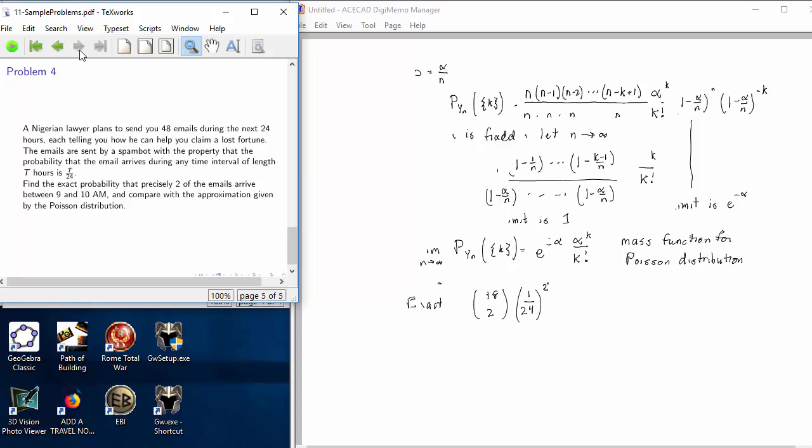For two of them, we have to square it. There remain 46 other emails. And for those, I have to raise 23/24 to the 46th power. And when I worked that out on my calculator, I got 0.276.